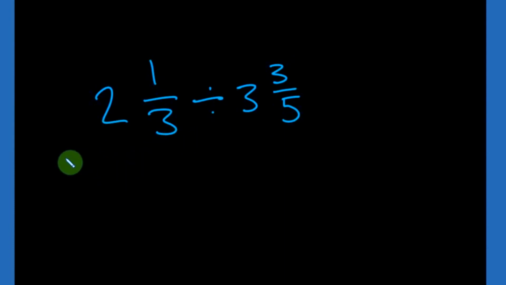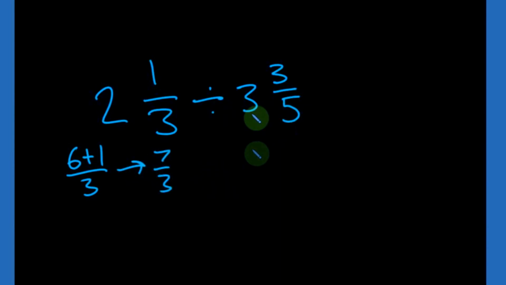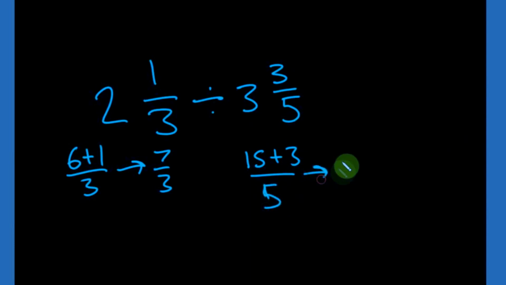We have 2 times 3, which is 6, plus 1 over 3, which turns into 7 over 3. And over here we have 3 times 5, which is 15, plus 3 over 5, which turns into 18 over 5.